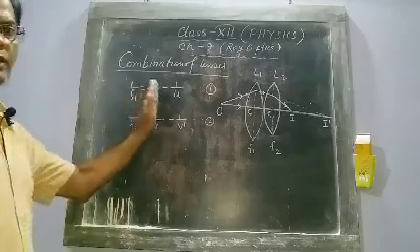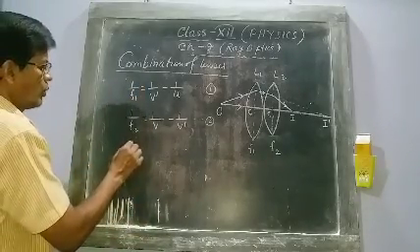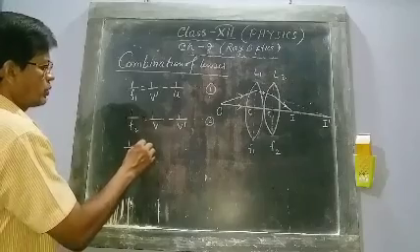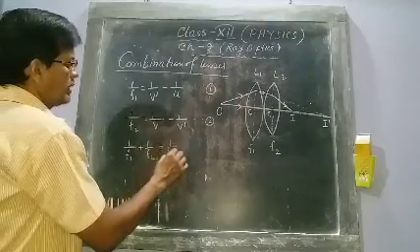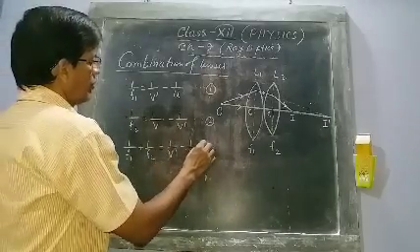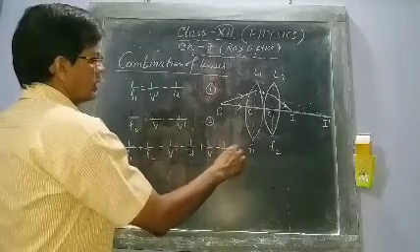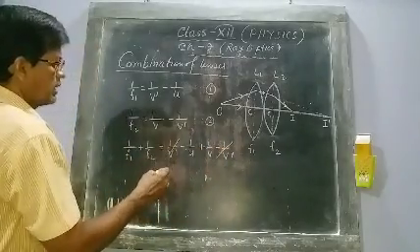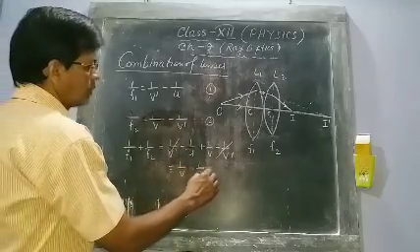If we add these two, then what we will get? 1 by f1 plus 1 by f2 equal to 1 by v dash minus 1 by u plus 1 by v minus 1 by v dash. So this cancels, and we get 1 by v minus 1 by u.